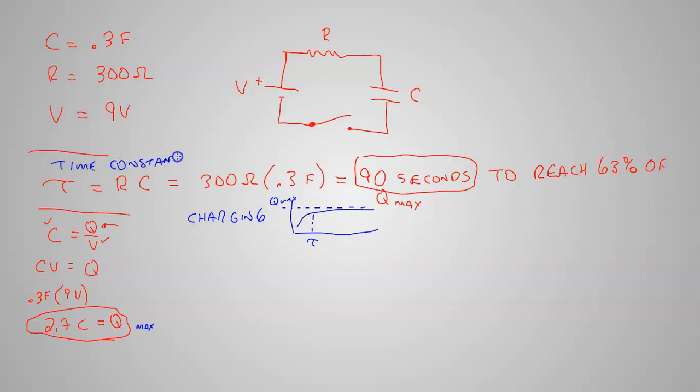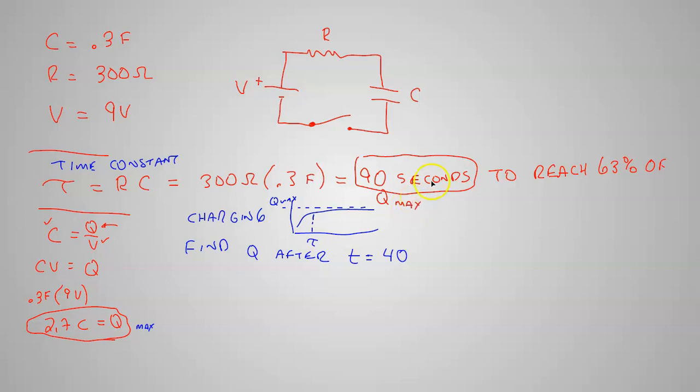So I got those two numbers, and let's say the question says find Q after, it takes 90 seconds to get to 63%, so we can pick pretty much anything you want here. T equals, I could put 4 seconds, and I'd have a very small amount of charge, or 40 seconds, and I still wouldn't be up to 63%. It might be around 40, 50% maybe.